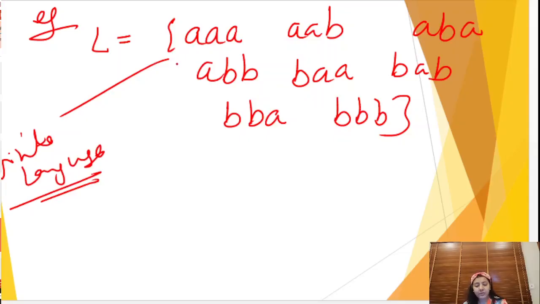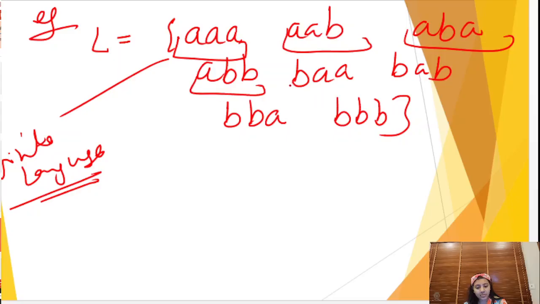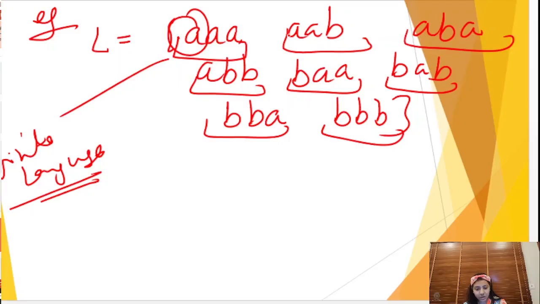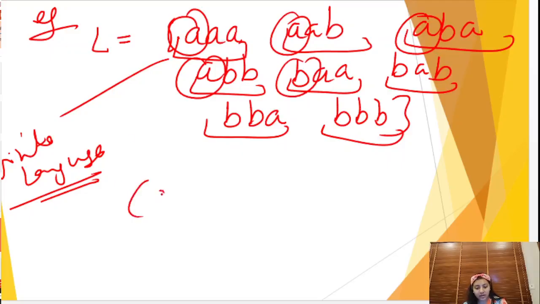Now if I have to write a regular expression for this particular language, what will it be? We can clearly see that this language consists of all strings of A's and B's which are of exactly length 3, right? So let's check the first position. Here it is A, here it is also A, then B, B, B, B. So 4 strings are starting with A, 4 strings are starting with B. So can we say that at the first position we can have either A or B, right?